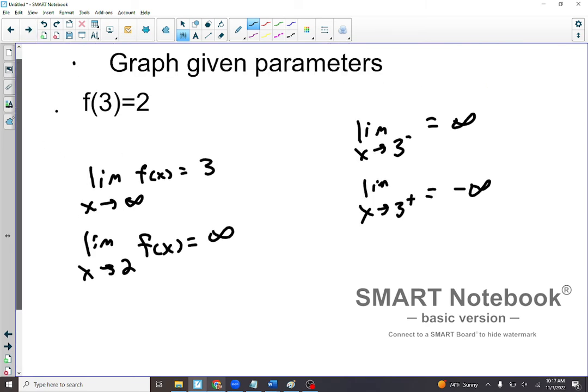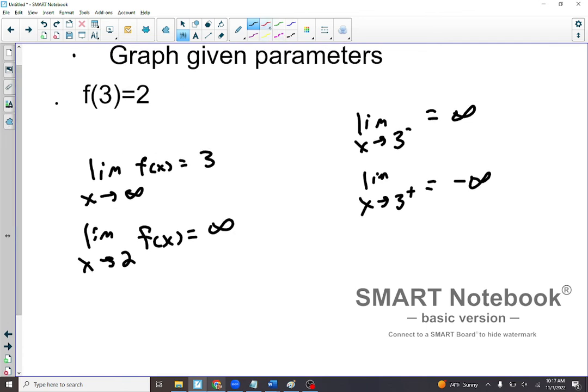All right, last one, graph given the parameters. We had a couple of homework questions like this. So graph given the parameters, when you have something like this, f of 3 equals 2, you're just literally putting a point at 3, 2. You just put a dot there. Okay? As the limit as x approaches infinity, f of x equals 3.